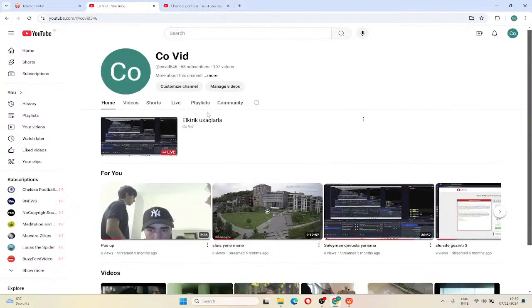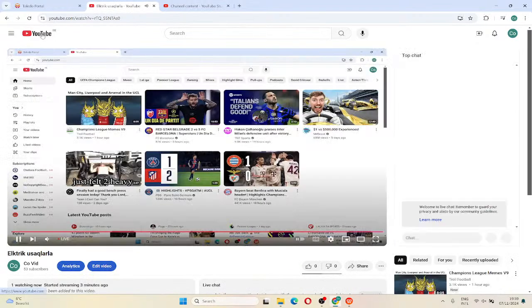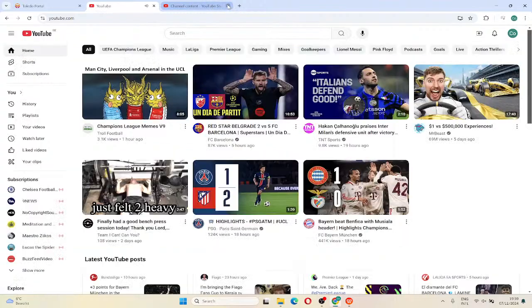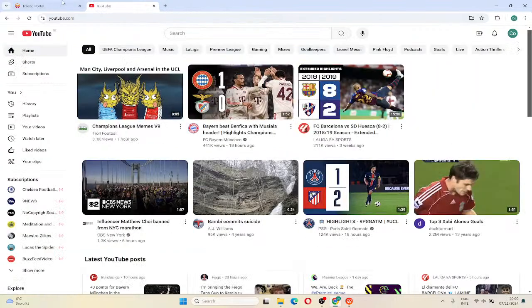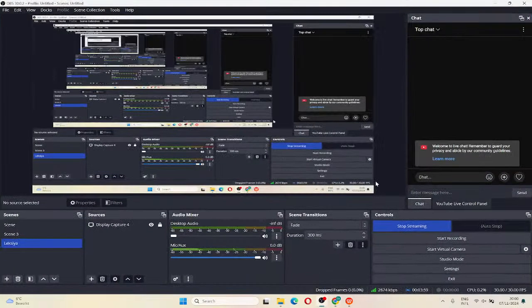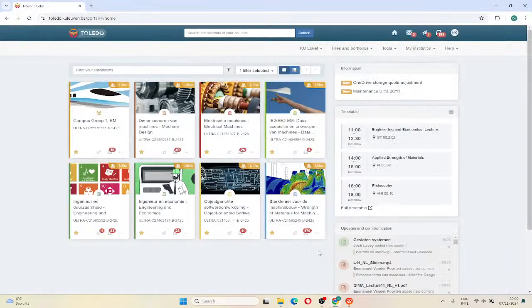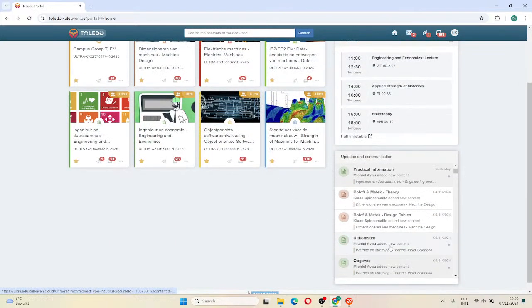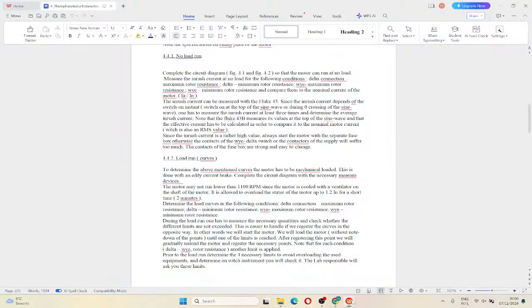This is done with an eddy current brake. Complete the second diagram which is necessary to measure, since the motor is cool. With a ventilator on the shaft of the motor. It is allowed overload. The stator of the load up to 1.2.